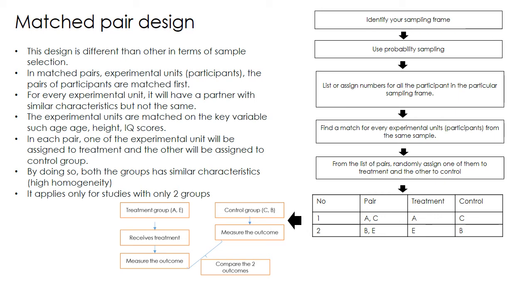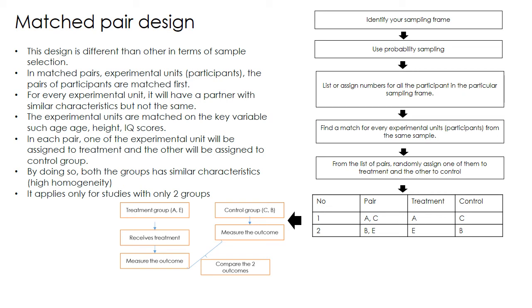How can a person be in the treatment and at the same time in control? It's impossible. So what we try to do here is we try to find somebody who is as similar as you are, as identical as you are, in another group, so that they become like your replica or your twin in the other group. So what they do in matched pair design is, once you get a sample, let's say from your sampling frame you do a probability sampling, you gather about 400 individuals.